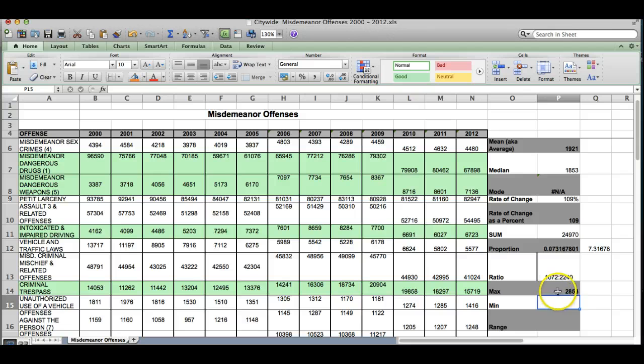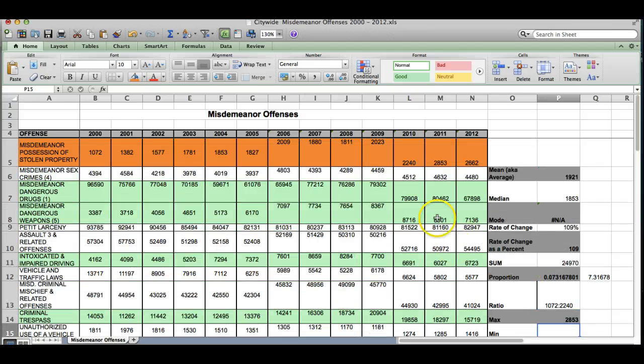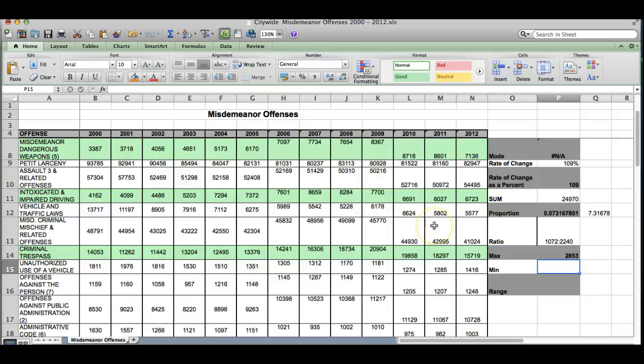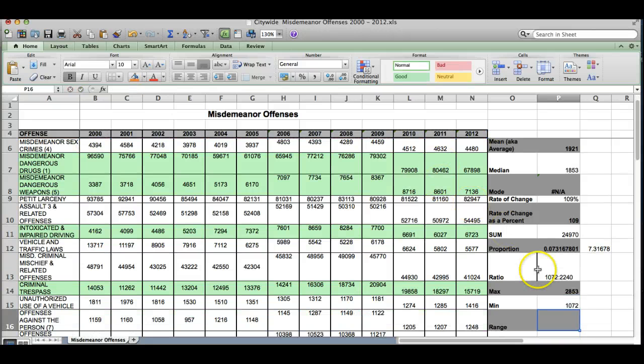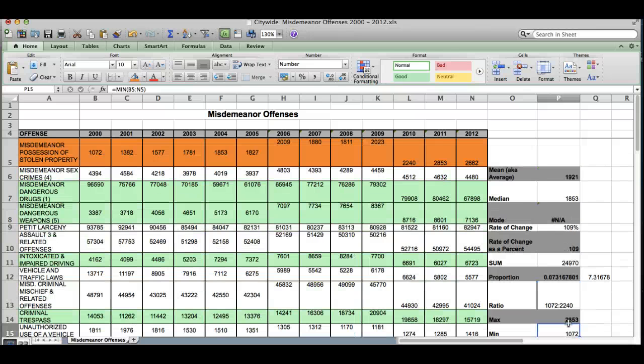What this tells us is that 2,853 is the highest reported number of stolen property offenses within the period of 2000 and 2012. We do the same for the min, type in equals, min, open the parentheses, select your cells, close the parentheses, enter, and then our minimum is 1072.